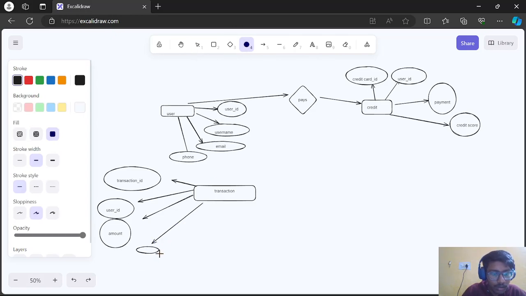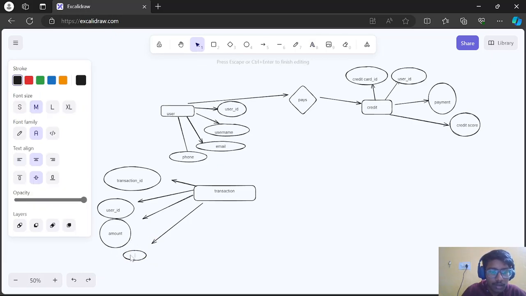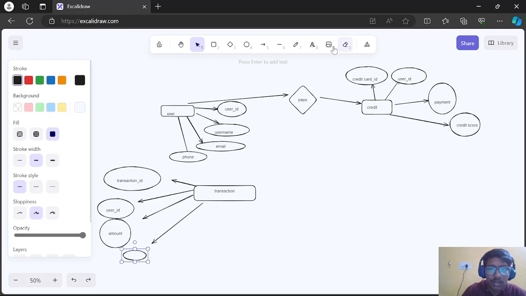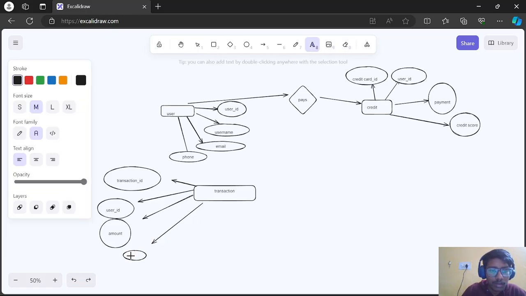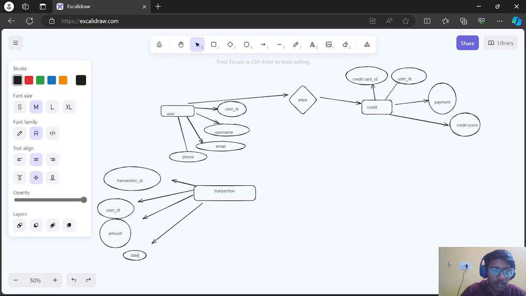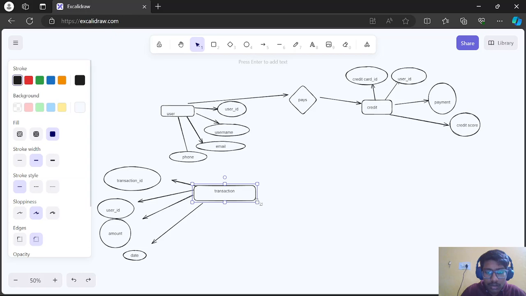And the last one would be nothing but the date. Yeah, and this sums up the entity relation of the transaction one.